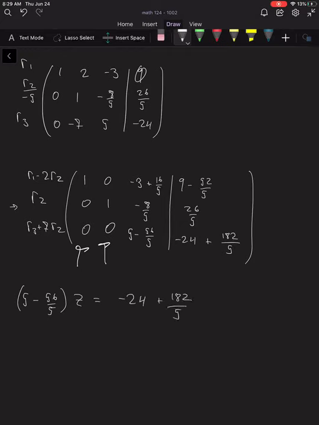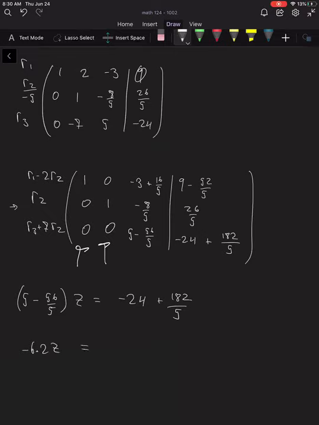I need a calculator to do this real quick. So to solve for z here, what does 5 minus 56 over 5 equal? Okay, so the left-hand side is minus 6.2.